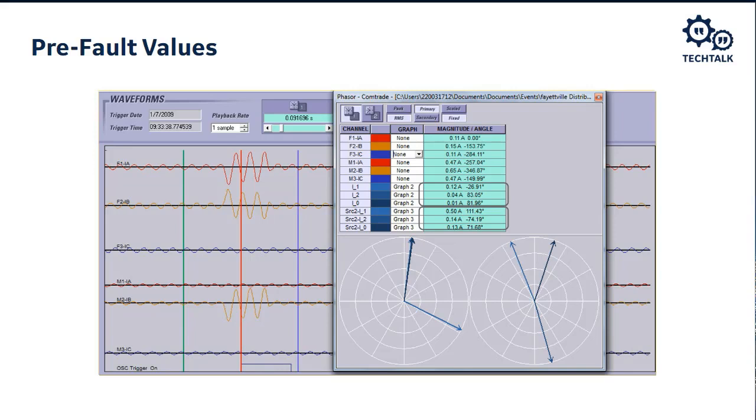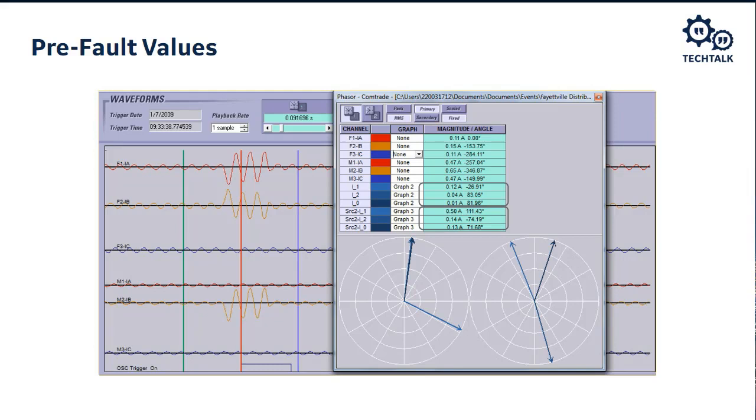Now, the second box that I have circled there, and this is pre-fault again, what I expect to see there is mostly positive sequence quantities. Unless you are serving nothing but three-phase loads in a distribution system like this, it is very difficult to perfectly balance your loads and all your single-phase loads, right?